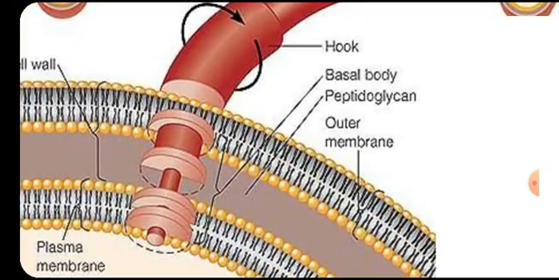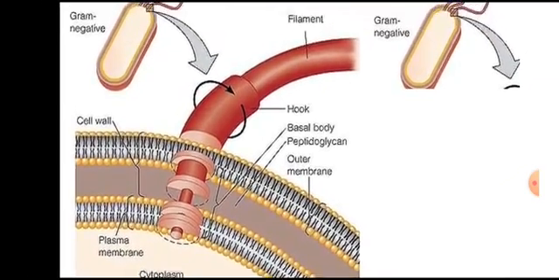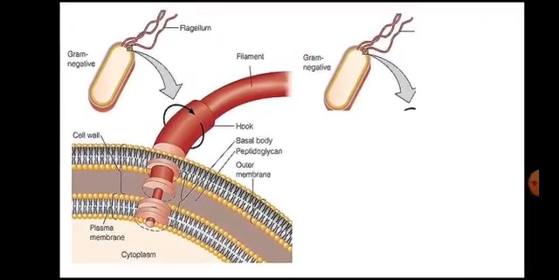Then this is the basal body, which consists of rings L, P, S, M. As mentioned, L is present in the lipopolysaccharide outer membrane. P is present in the peptidoglycan layer, a thin layer, and this is present on the cytoplasmic membrane, that is the S ring, and this is present within the membrane. It is called the M ring. So this is the structure of gram negative bacteria, how it appears.